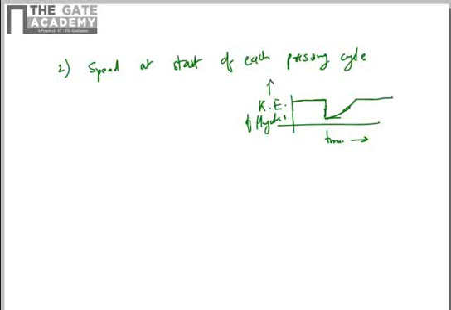Then it again reaches a constant value. So this is the mean torque that is supplied by the motor. From this diagram, this is the start of the pressing operation.